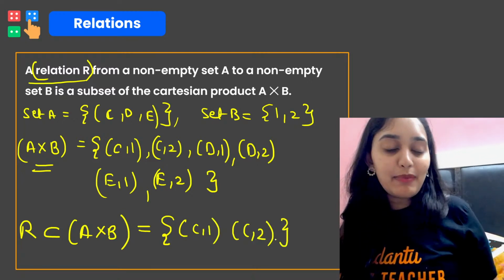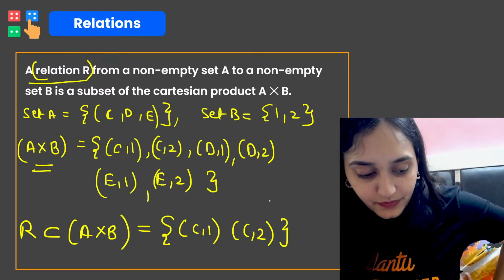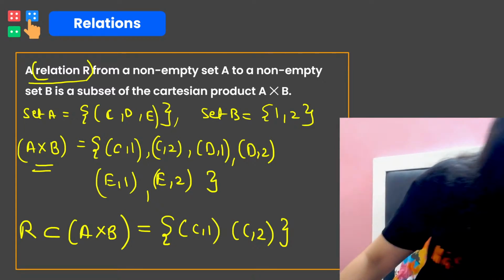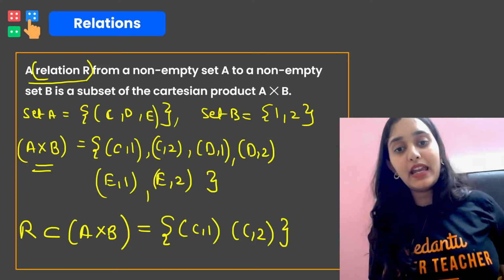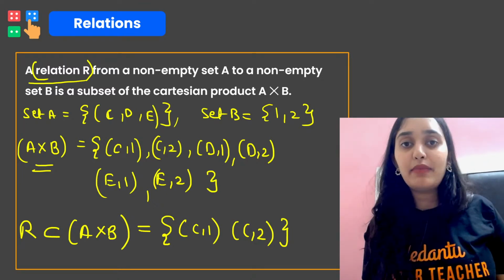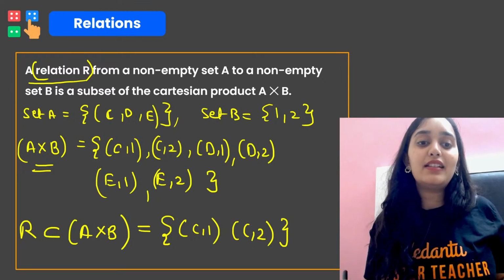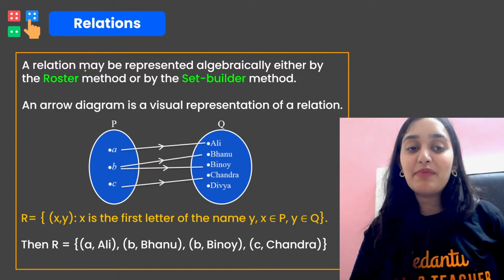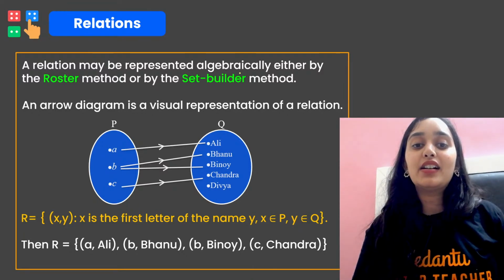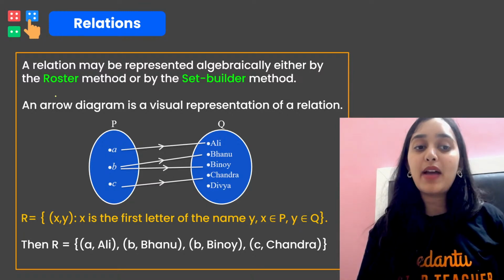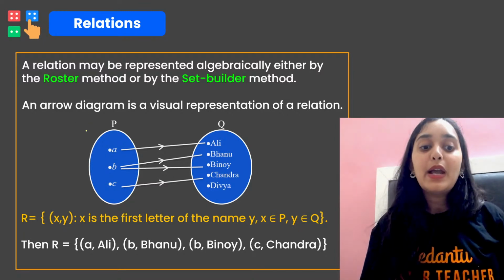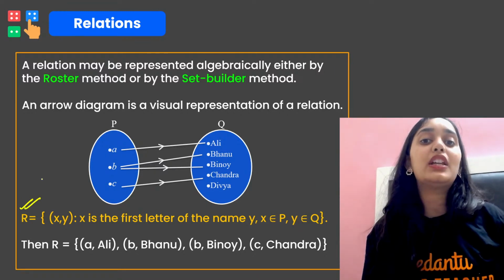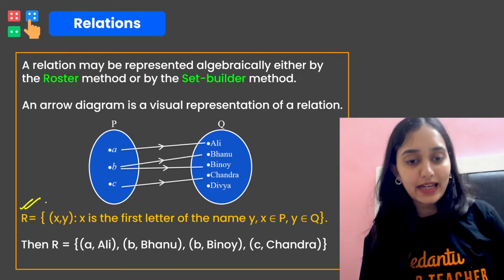So like this I basically defined a relation on the two sets, and this relation is telling me that the first element of the ordered pair can be only c. It can't be anything else. So R is basically a subset of A cross B, right? Okay. So what do we understand by relations? It is represented algebraically either by the roster method or the set builder method, where we can define the relationship between the elements of the first set and the second set.